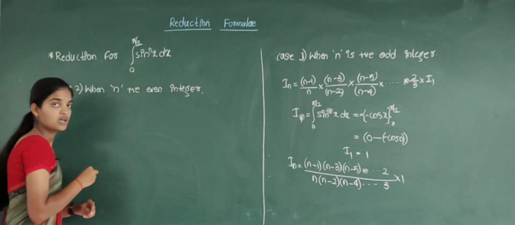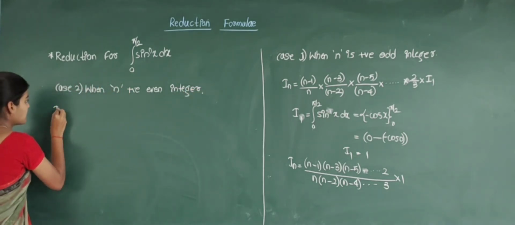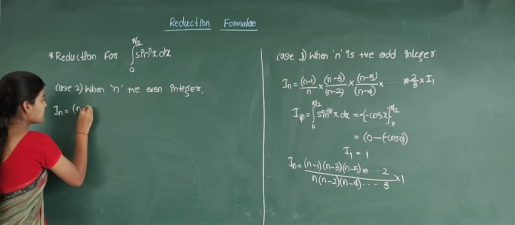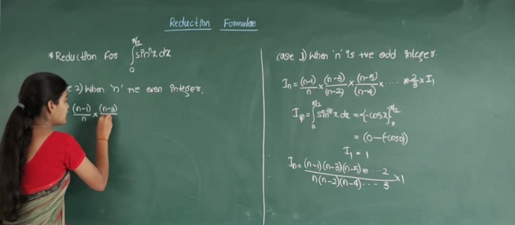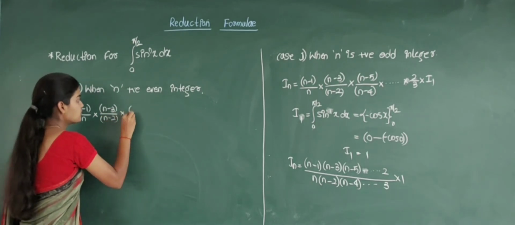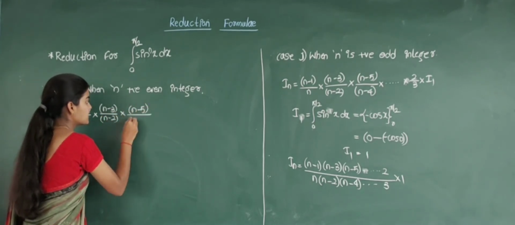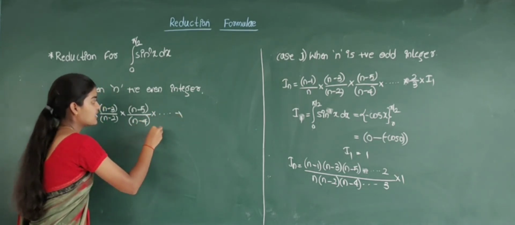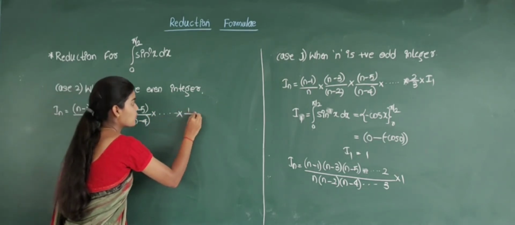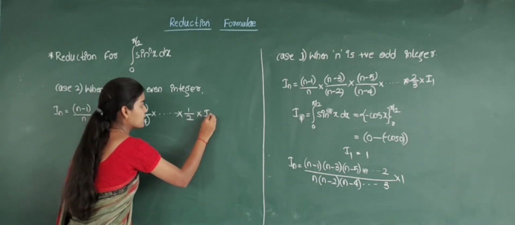So that time we will get In as, n minus 1 divided by n into n minus 3 divided by n minus 2 into, the next term is n minus 5 divided by n minus 4 into, and so on. The last term here we will get as 1 by 2 into I naught.